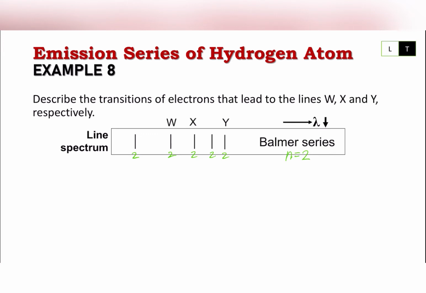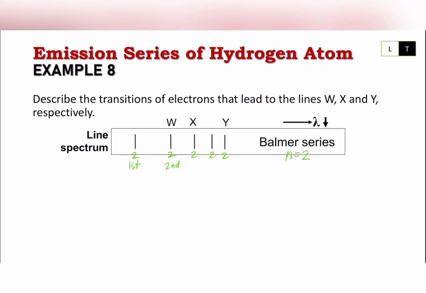Now I'm going to determine which is my first transition. As I mentioned before, the first transition is the one that has a bigger gap between the first and second line. What you have here is the biggest gap, so automatically this is going to be the first line. I'm going to label this as the first line, and this is the second, and so on.